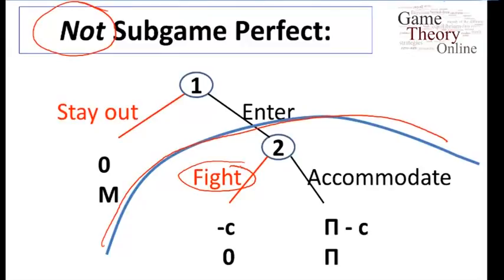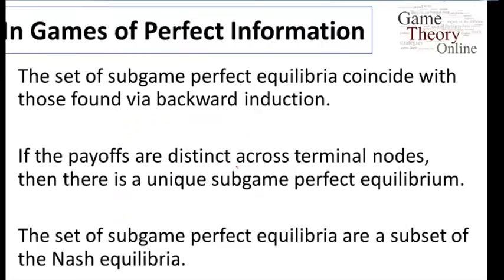It's not an equilibrium in the subgame that follows entry, even though that is never reached as part of the equilibrium. Nash equilibrium allows this strategy to be played because it's never actually reached, but subgame perfect says even if it's not reached, it still has to be a Nash equilibrium at that point onwards. That extra requirement rules this out as a possibility and then rules out this as an equilibrium altogether.